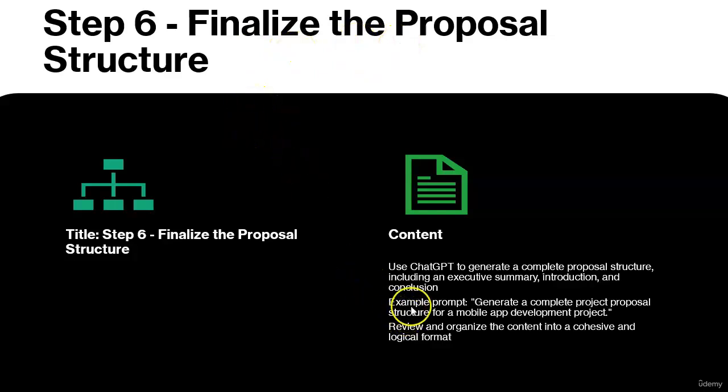Use ChatGPT to generate a complete proposal structure, including an executive summary, introduction, and conclusion. We can give a prompt like: generate a complete project proposal structure for a mobile app development project. And you get a solid foundation, organizing the content in a logical format that flows well. So let's go to the ChatGPT window.